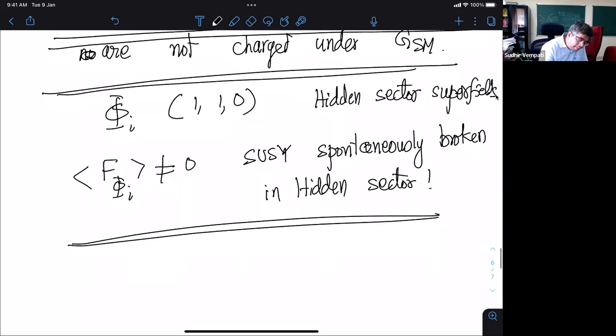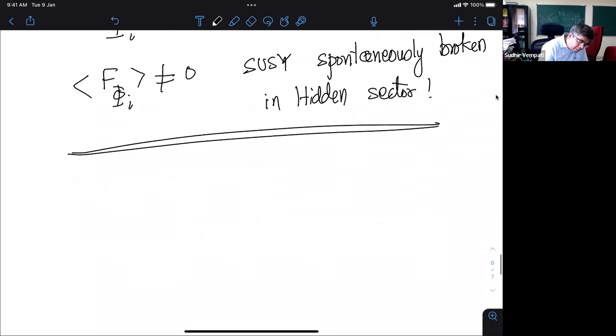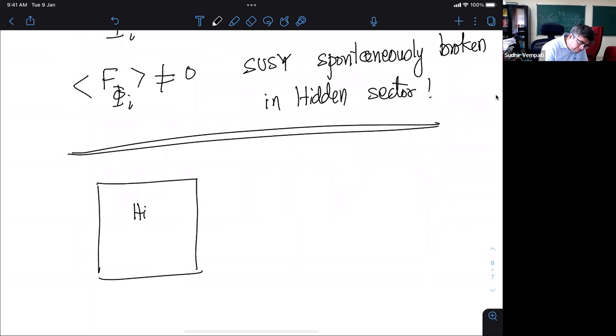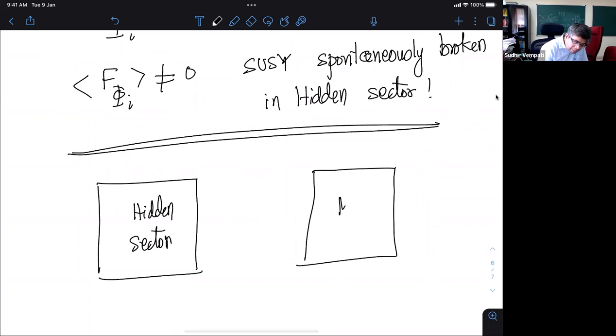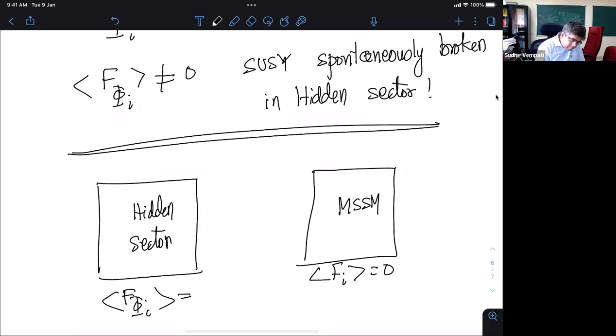Here there is a hidden sector, and this is the MSSM. All the F_i of the MSSM are equal to 0 because of the condition we just stated, so they don't break supersymmetry spontaneously. But here in the hidden sector, F_i is not equal to 0.